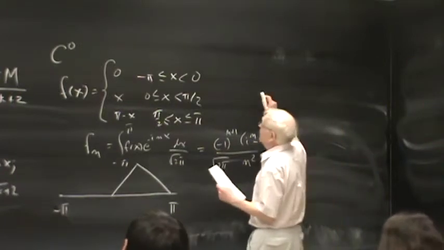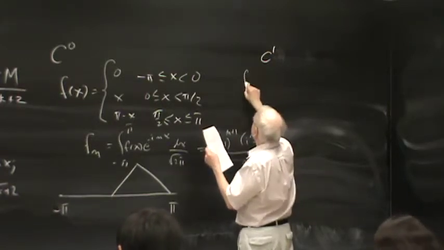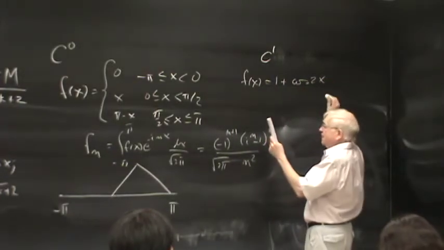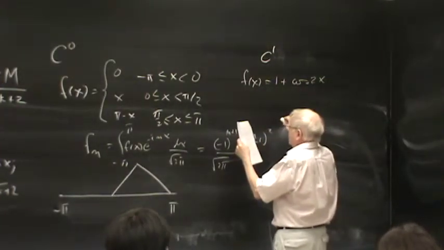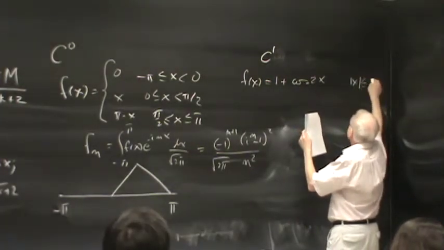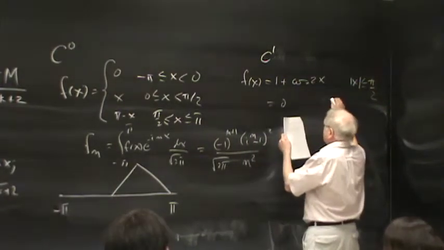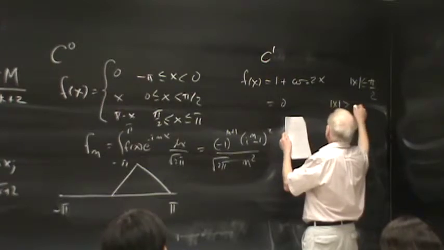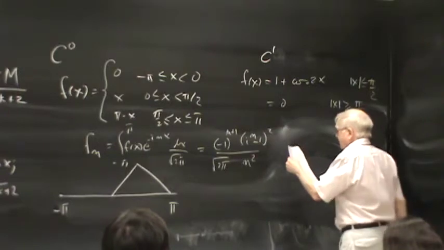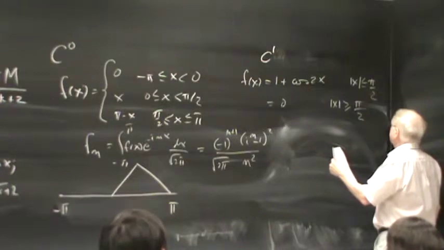Now let's consider a C1 function. In this case, I took f of x to be 1 plus cosine of 2x for absolute value of x less than or equal to pi over 2, and 0 for absolute value of x greater than or equal to pi over 2. And so let's see, I should sort of draw this.